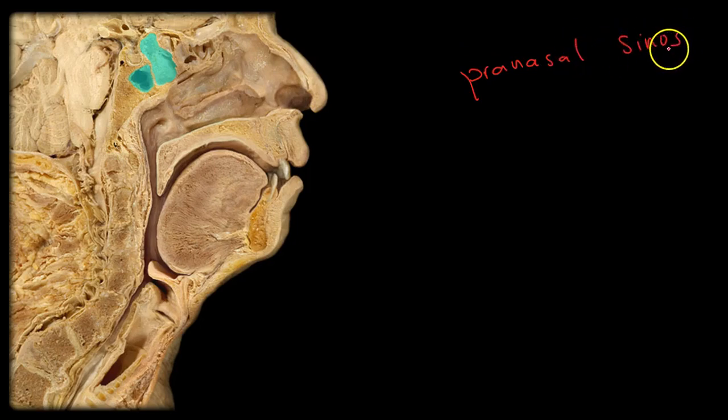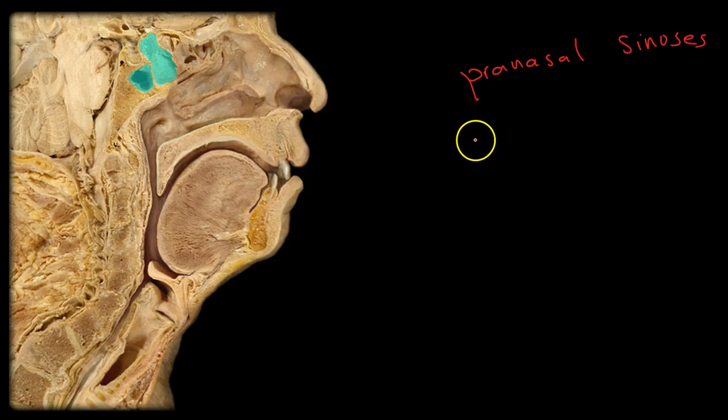So as I mentioned before, the sinus is a space or mucous membrane lined cavity which is going to be filled with air, and we have them around the nose.